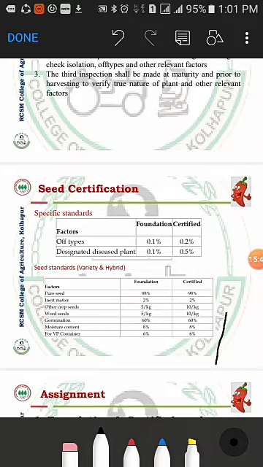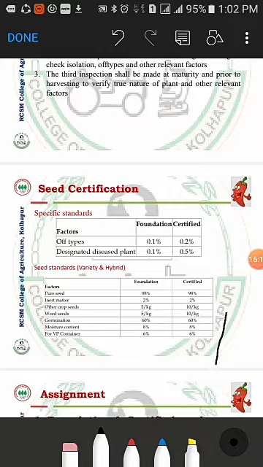In a double cross you have to prepare the hybrids A into B and C into D, that is two F1 hybrids developed during the foundation seed program. For the three-way cross, you cross A and B to develop the F1 and maintain C. This is the program for the foundation.